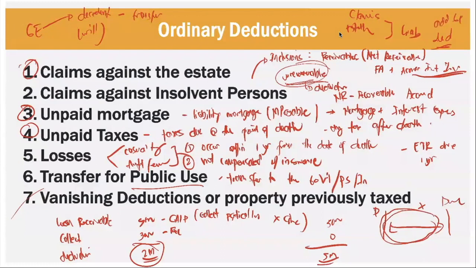Now, on the transfer of property, if one of the beneficiaries is considered a government or an instrumentality or a political subdivision of that government, then we must remove it out of our gross estate. And how do we remove it? We place it as ordinary deductions.